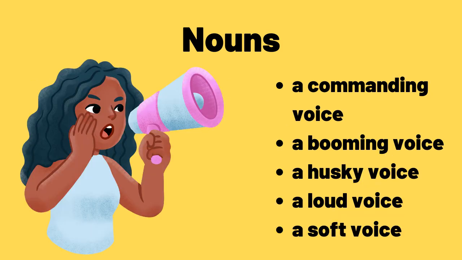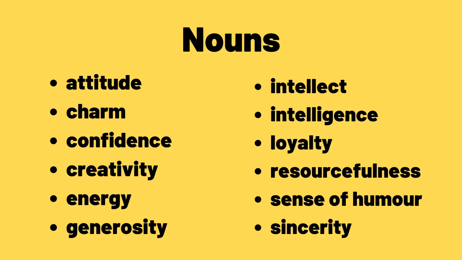For example, we might talk about their voice. A person might have a booming voice or a commanding voice. Likewise, we might want to talk about someone's qualities. That might involve mentioning their intelligence or intellect, their creativity, their leadership abilities, their sense of humor, and so on.